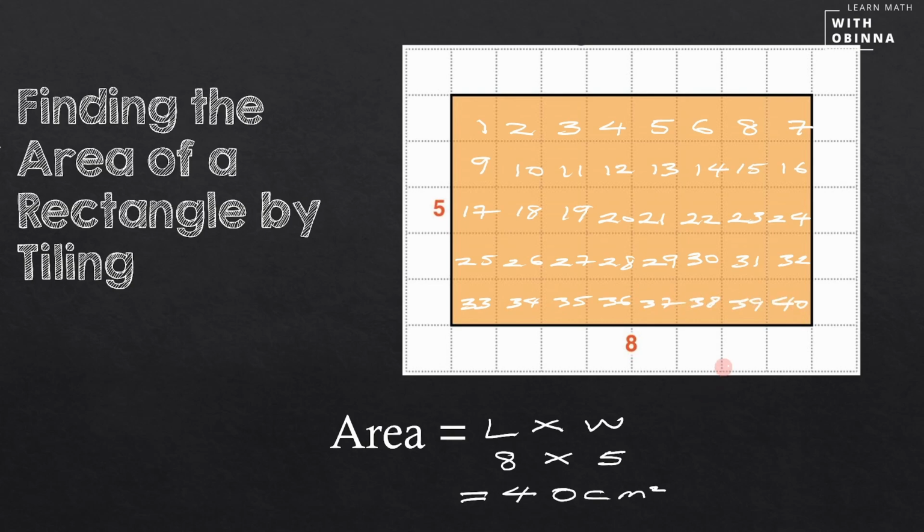So in other words, there are 40 squares inside this shape. To tile this entire rectangle, we need 40 squares, where one square is 1 centimeter.